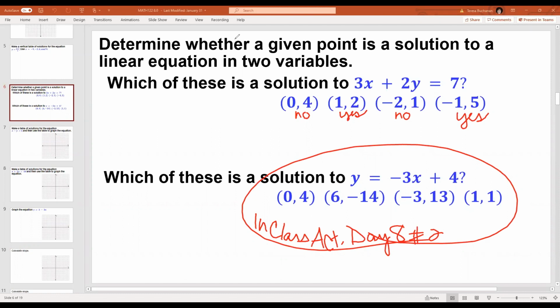But what I want to see is, like I've done above, either a yes or a no below each point. Either a yes or no below each point. That would be sufficient. Okay, so I'll let you, if you need to, pause this, complete that. Take a picture of it and be ready to turn that in by the time all of this is done today.